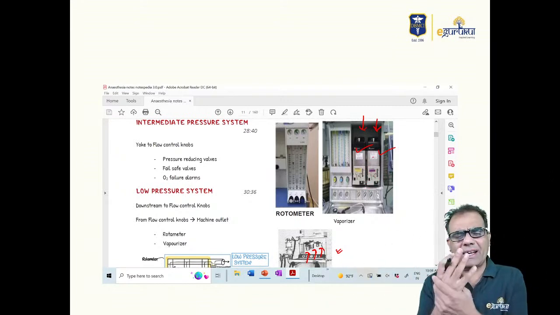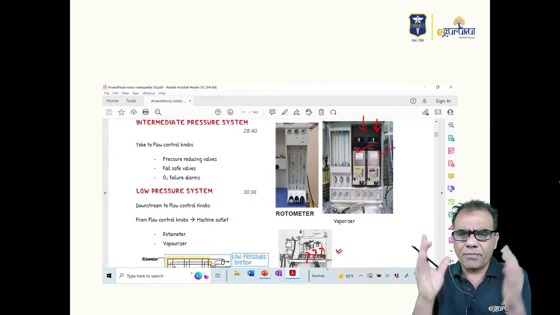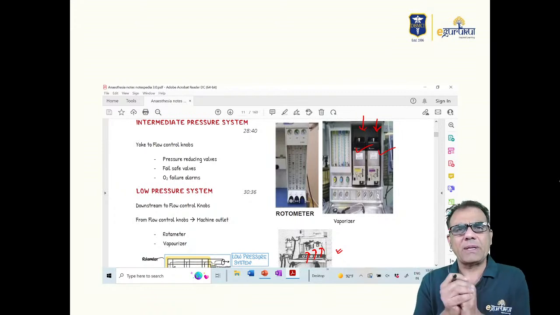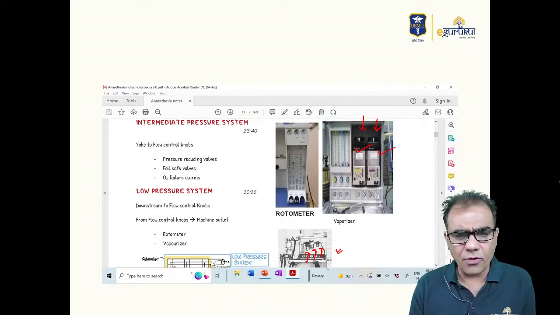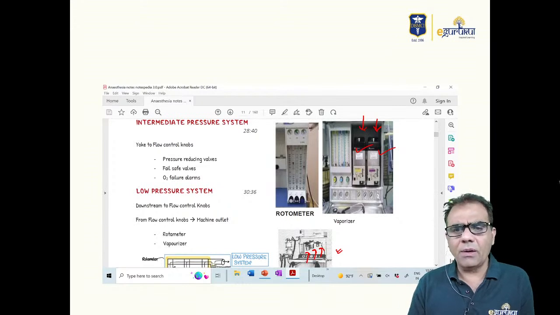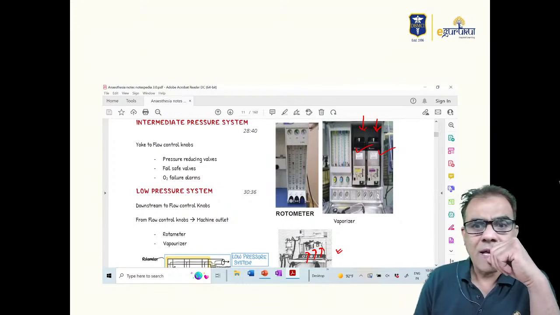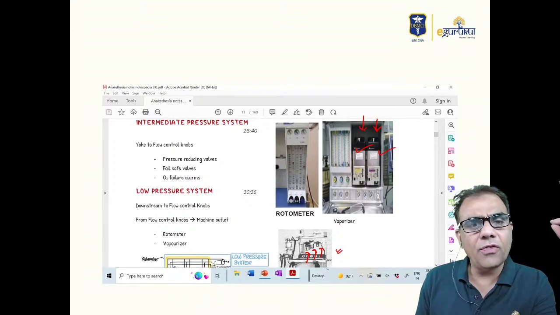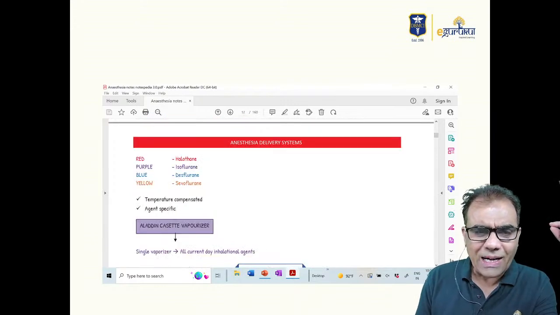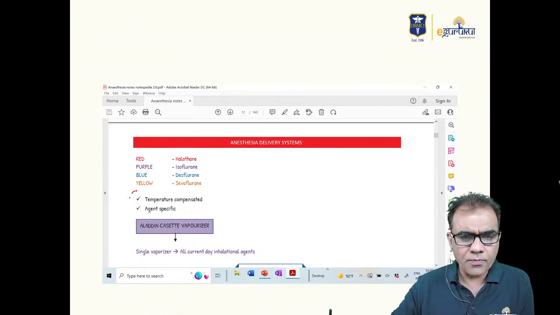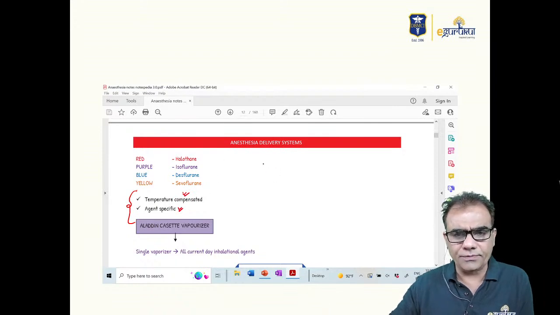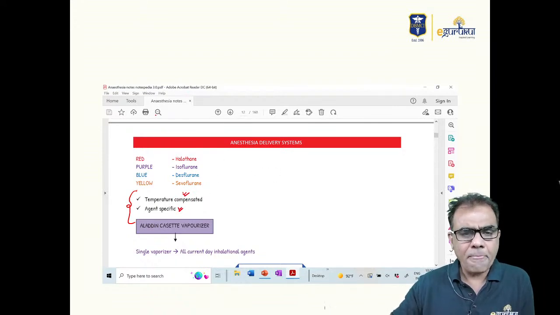So vaporizers are categorized based on many technical specifications like Tech 5, Tech 6. Anyway, all those details are not required for you. So the important thing about vaporizers which you can know is that they are used for the delivery of inhalational agents, and current day vaporizers have two most important properties that you should know: they are temperature compensated, and again it's a screenshot of our notes.